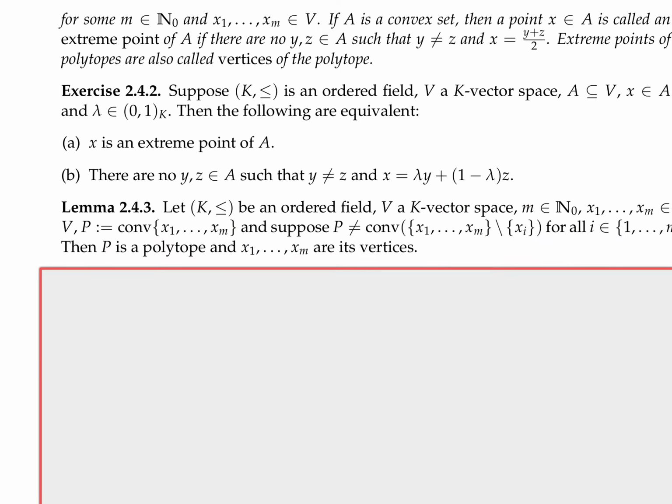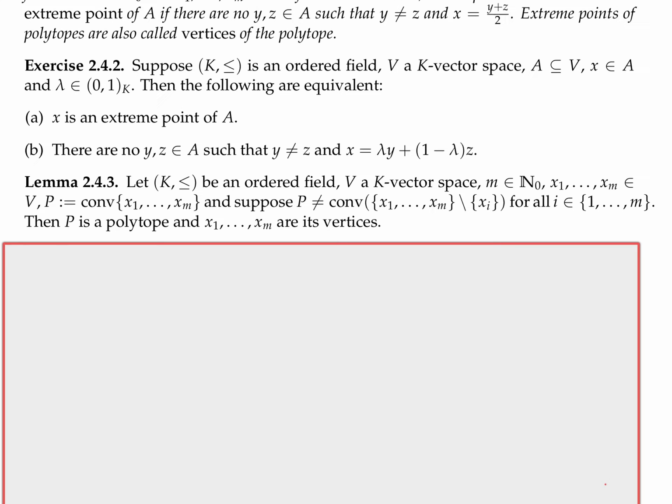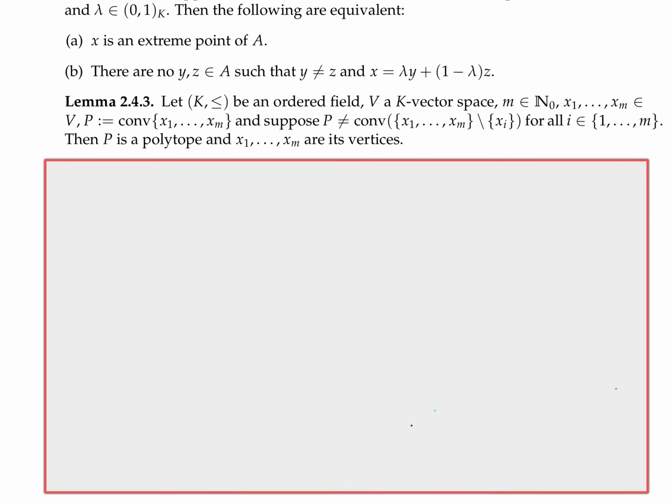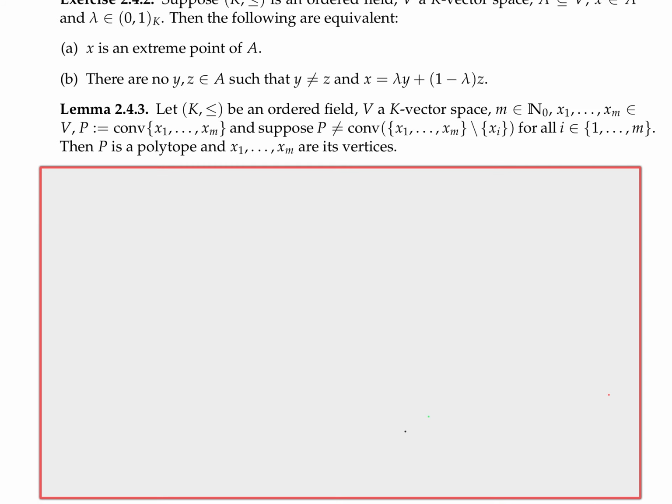So now our next lemma: let k less than or equal be an ordered field, V a k vector space, m in N0, x1 up to xm vectors in V, and P the convex hull of these finitely many points.